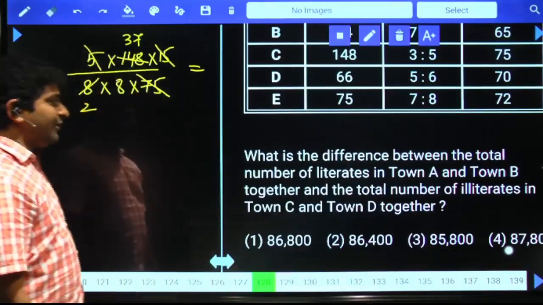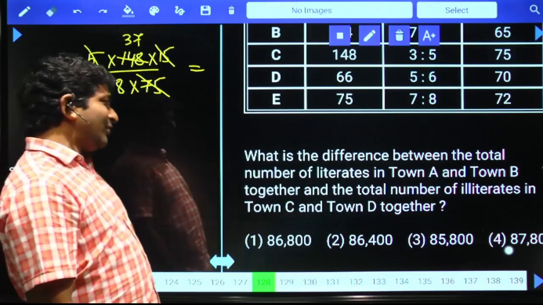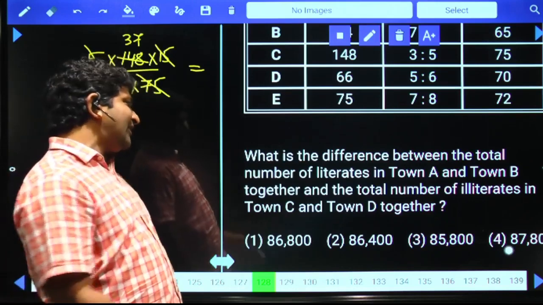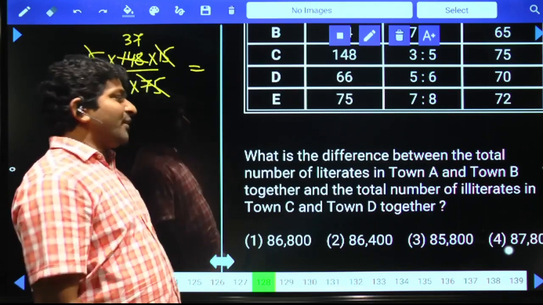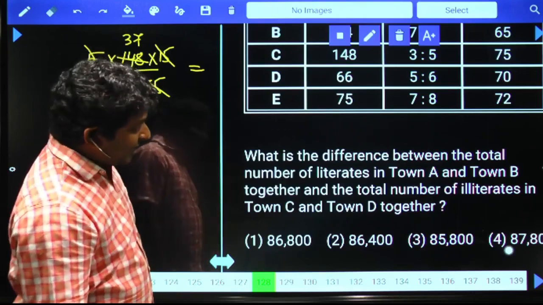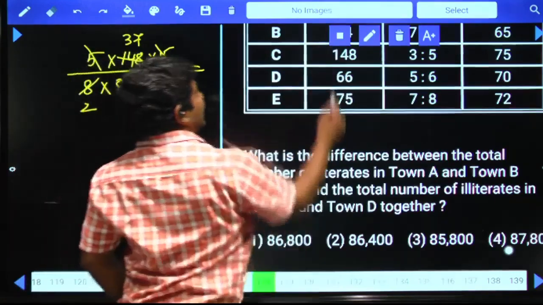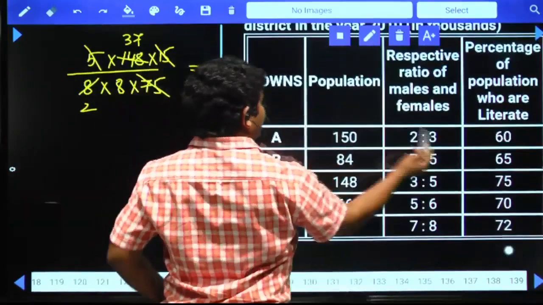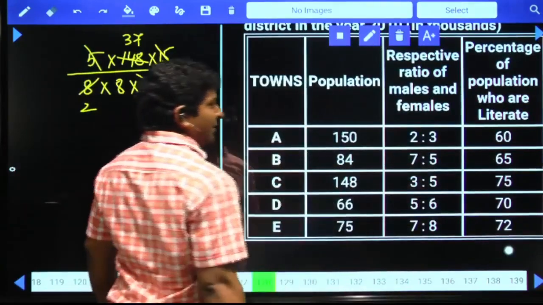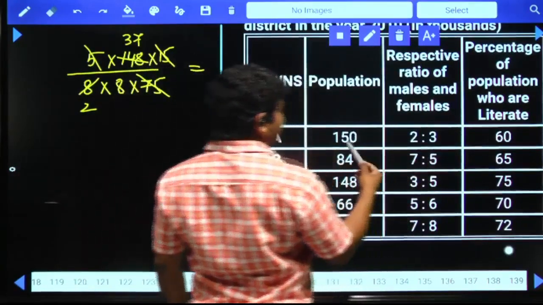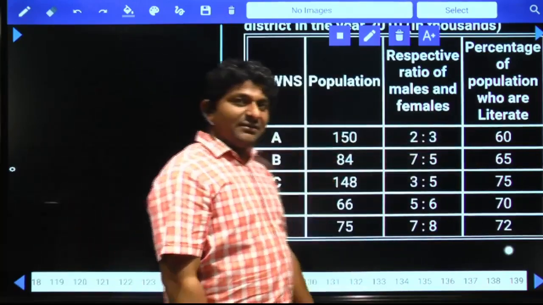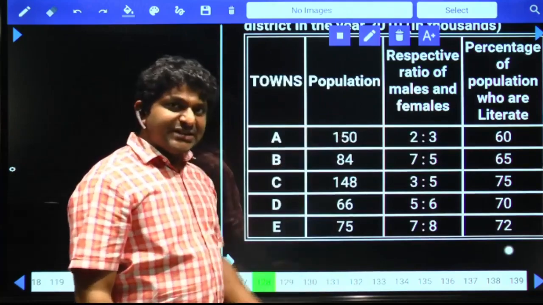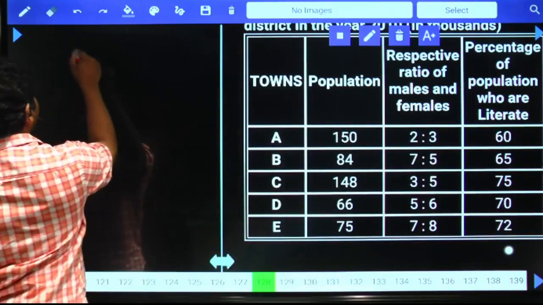What is the difference between total number of literates in town A and town B together and the total number of illiterates in town C and D together? Literates from AB together, illiterates from CD together. Literates from A and B together. In A we have 60% of 150, they are literates, or 150% of 60. 150% of 60 is easy to calculate, that is 90.